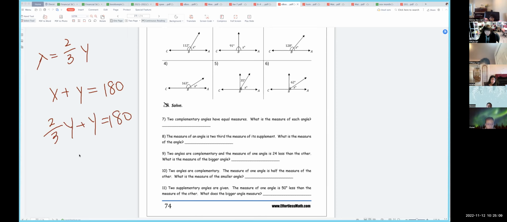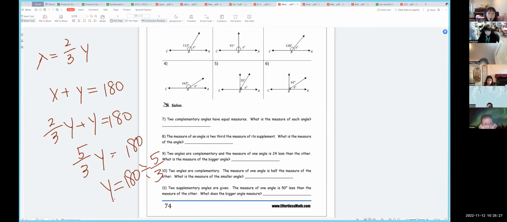So equals what? Equals 5/3 y equals 180. So y equals what? Equals 180 divided by 5/3, right? So y equals 180 times 3/5. So equals 36 times 3 equals 108.